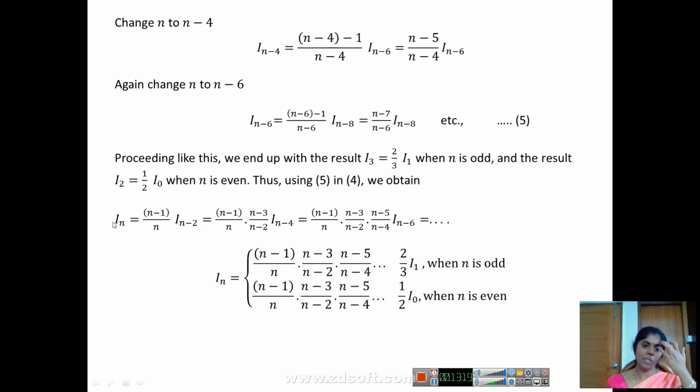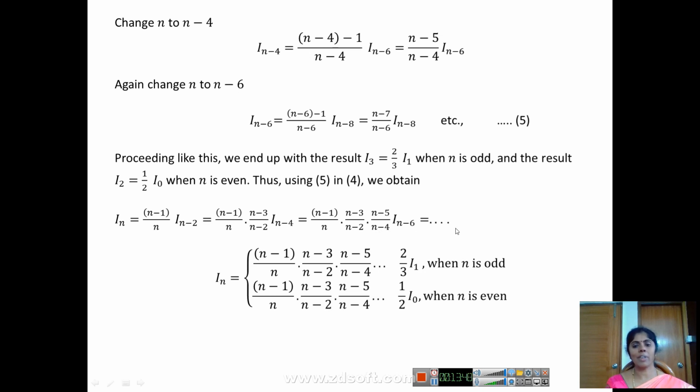That is, we are having the expression I_n equals (n-1) divided by n into I_(n-2). Replace the value of I_(n-2). I_(n-2) we got (n-3) divided by (n-2) into I_(n-4). Now replace the value of I_(n-4) as (n-5) divided by (n-4) into I_(n-6).